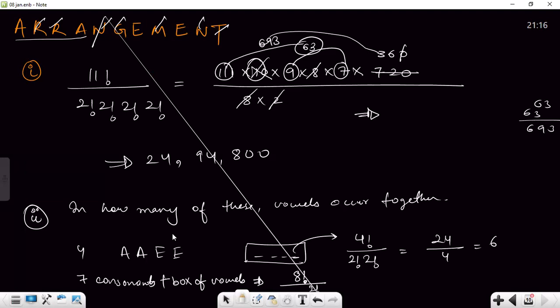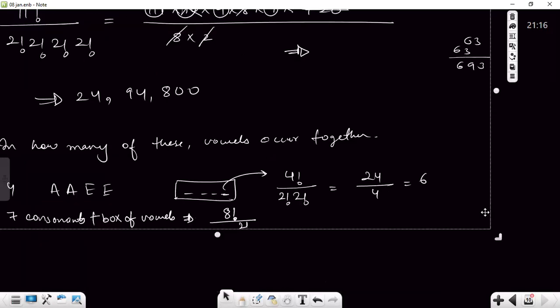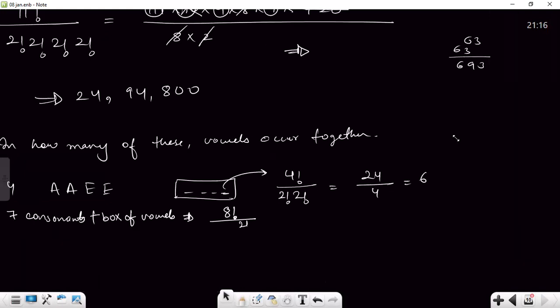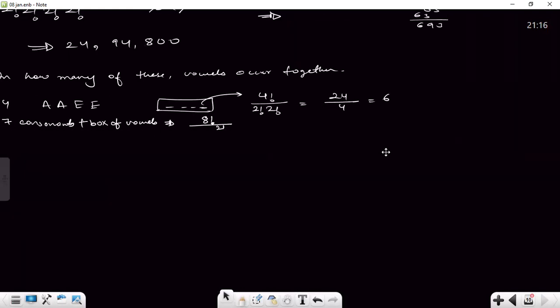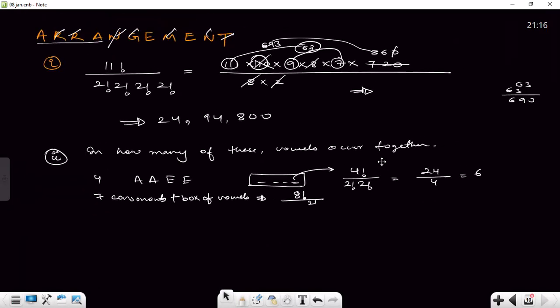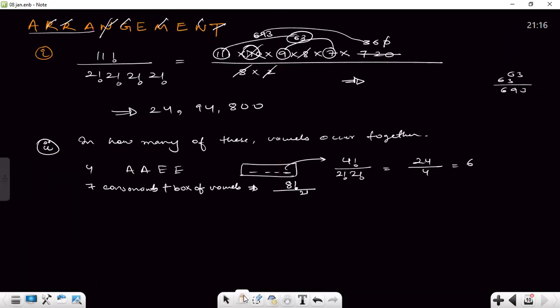Let's take a break for a second. 2 factorial for the repetition of R, 2 factorial for the repetition of N, and nothing else. No other consonant is repeating itself.